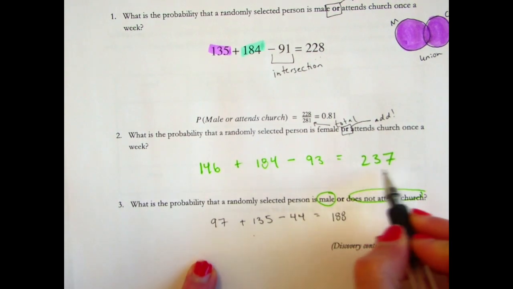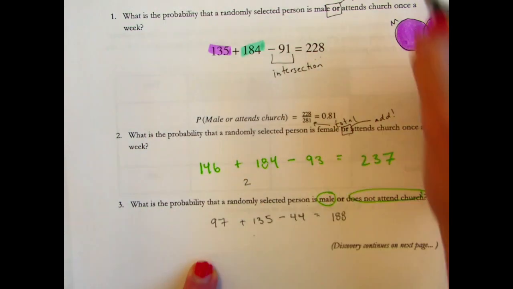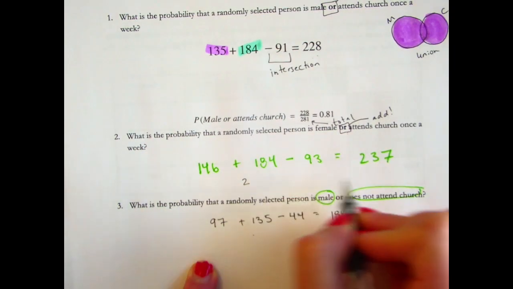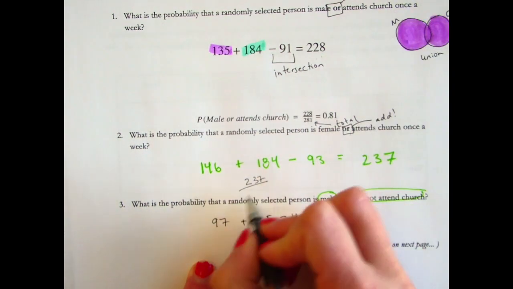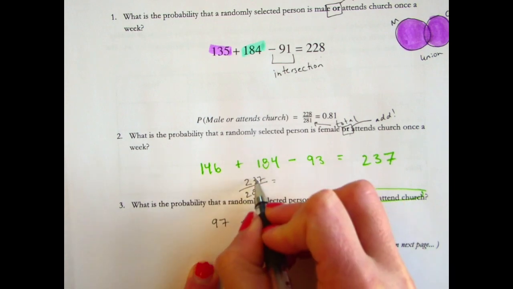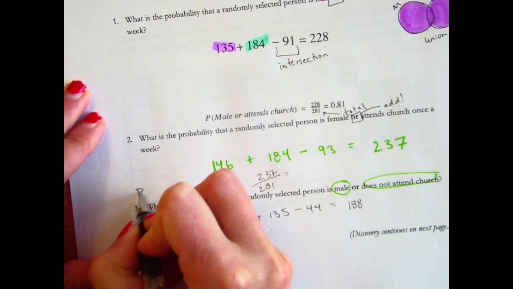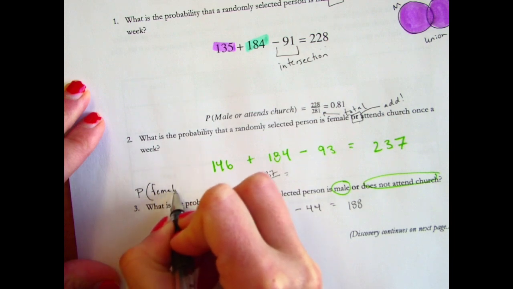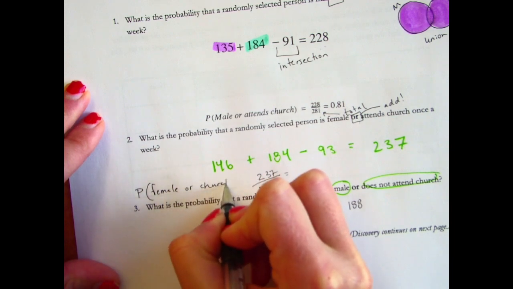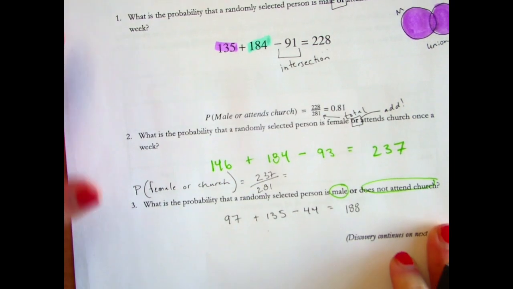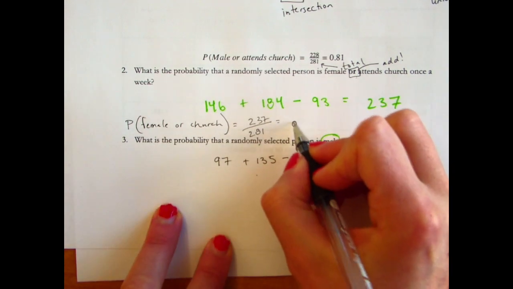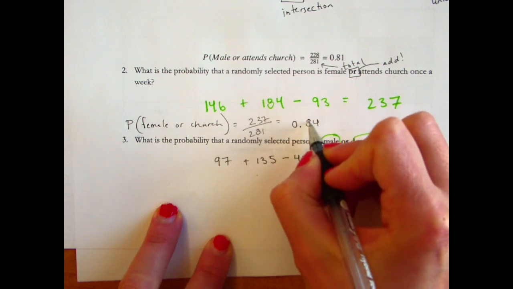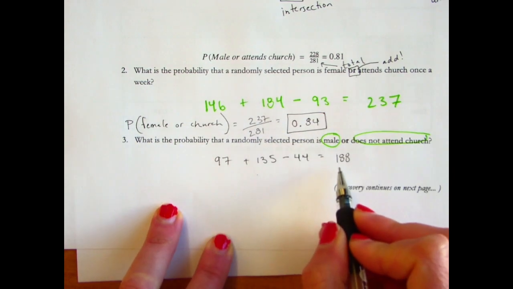The probability of female or church is going to be 237 over 281, which, if I round it, is 0.84. And then again for 3, it's going to be that total 188 over 281, which is 0.67. And that's the probability male or no church.